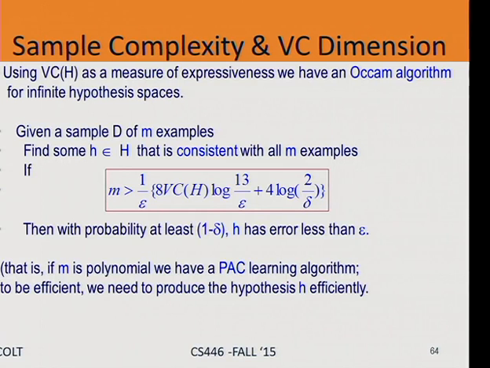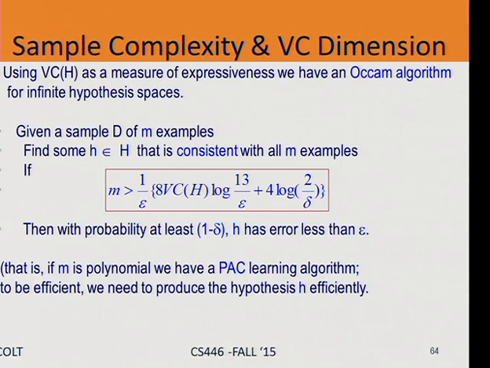And it so happens that H is finite. What do you know about the size of H? Exponential of M. Exactly. A little bit more concretely, at least how many functions are there in H? 2 to the M. Why?